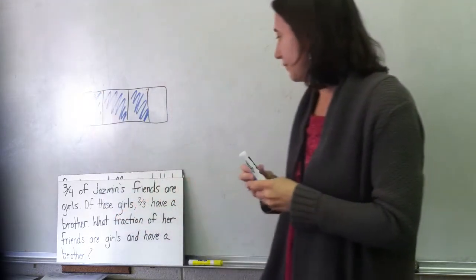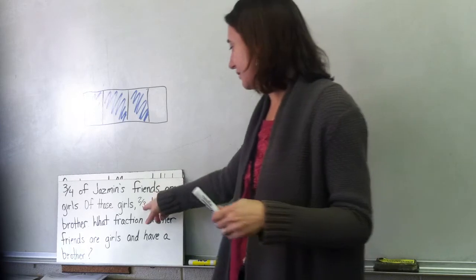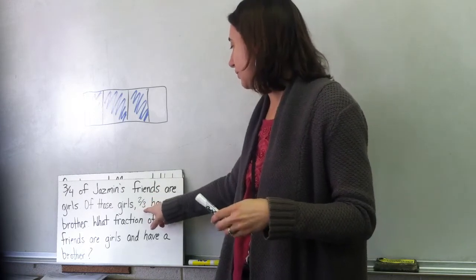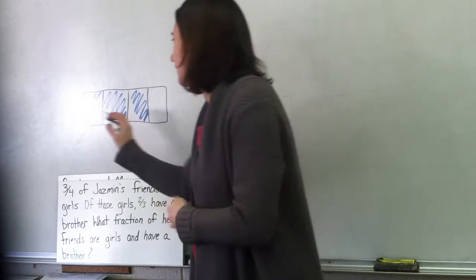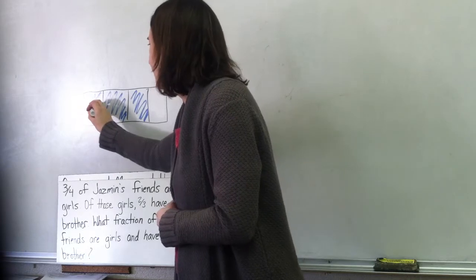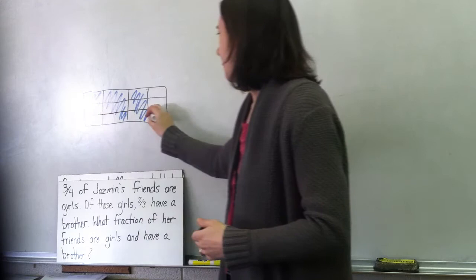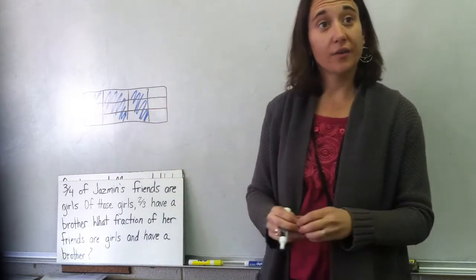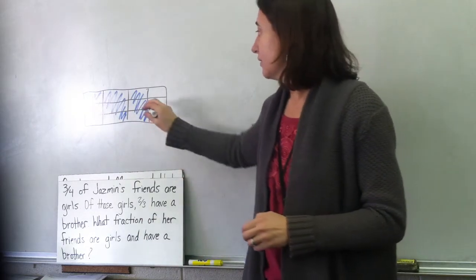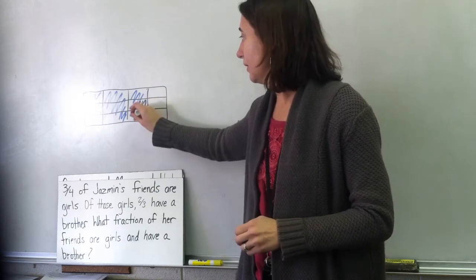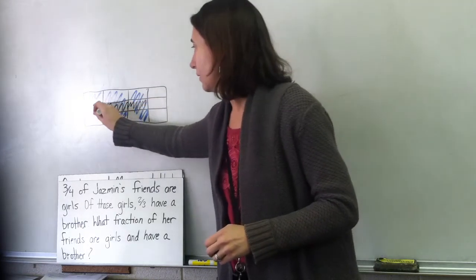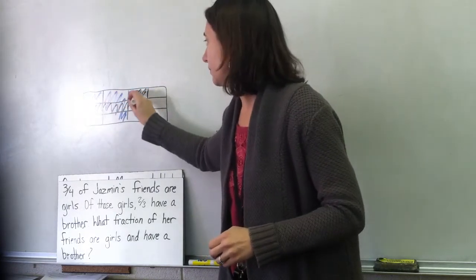Okay, so there we have 3/4. Now, of this 3/4, 2/3 have a brother. So we're going to have to divide it now into thirds. And how many are we going to color in of that? Well, 2.